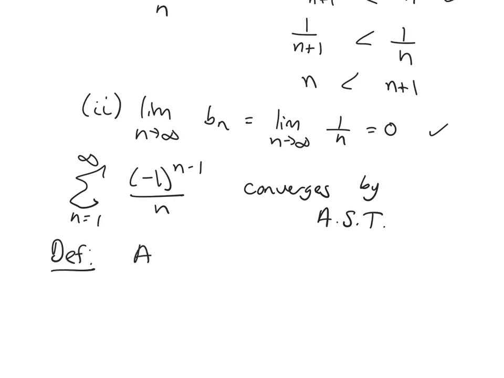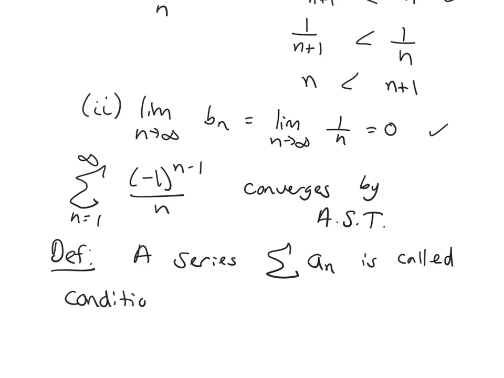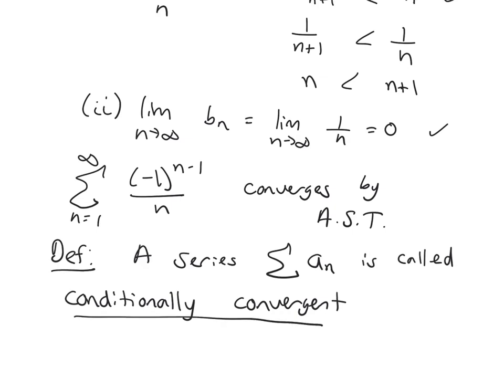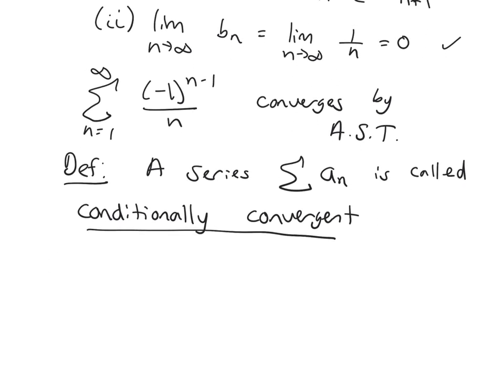Definition: a series, the sum of a_n, is called conditionally convergent if it is convergent but not absolutely convergent.